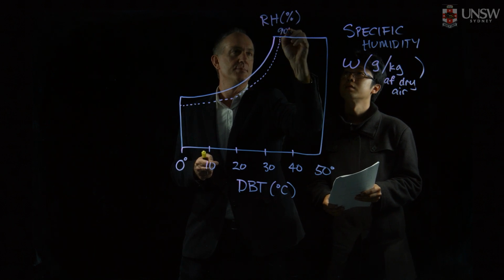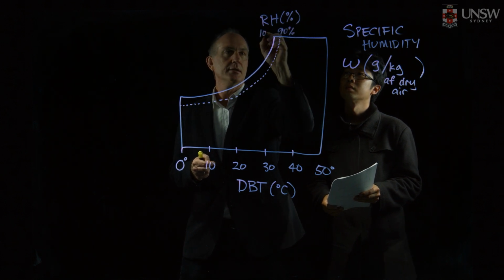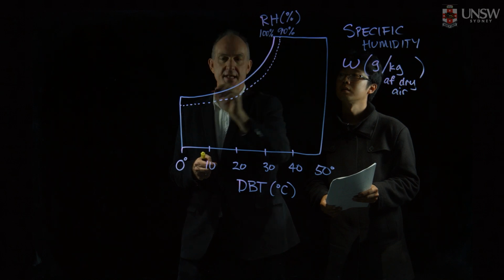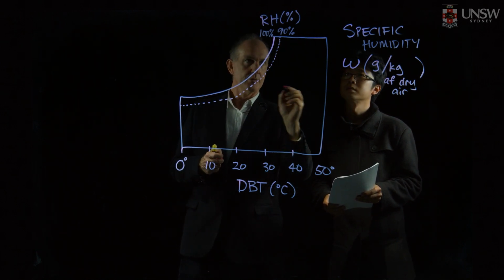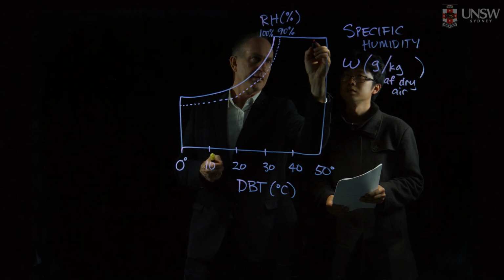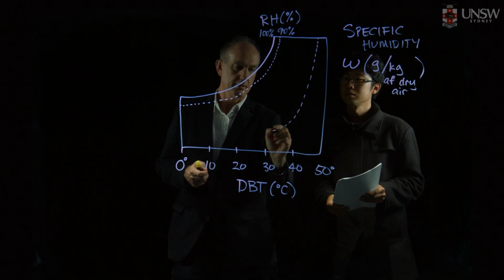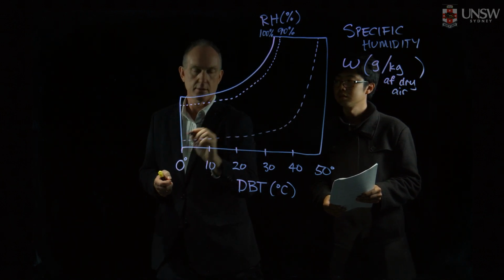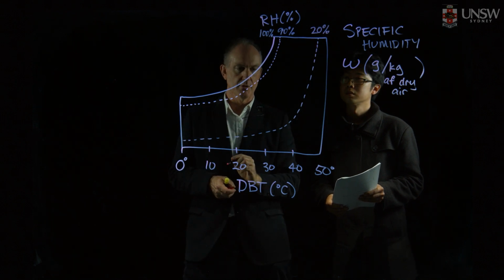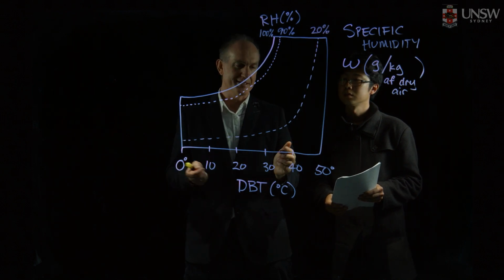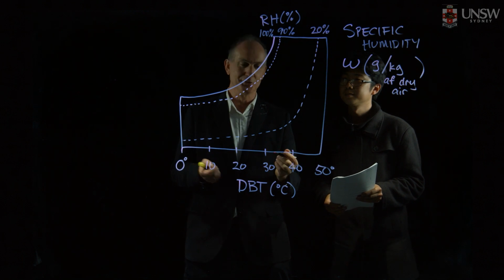So there's 90%. 100% of course is that solid line up the top there. Let's go over here and very roughly draw in 20% relative humidity. Great. Not the best psychrometric chart ever, but it will do.